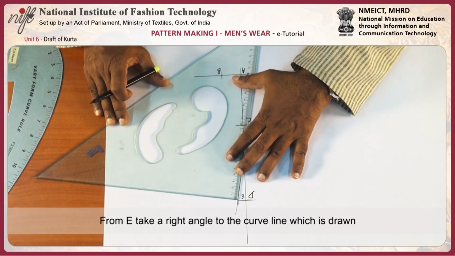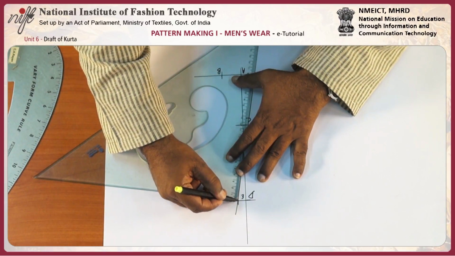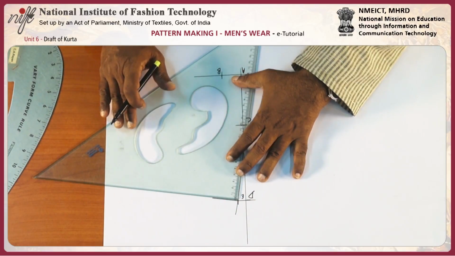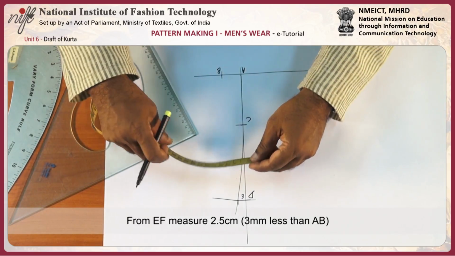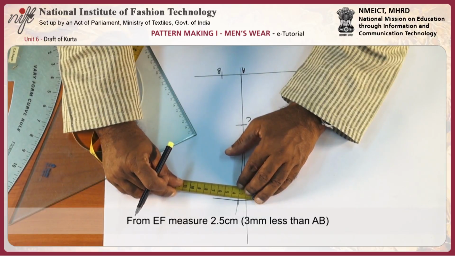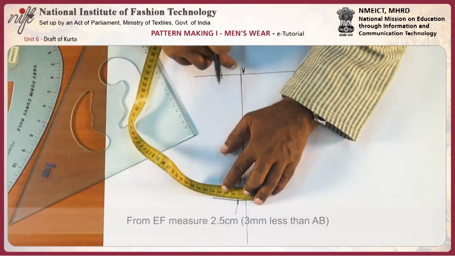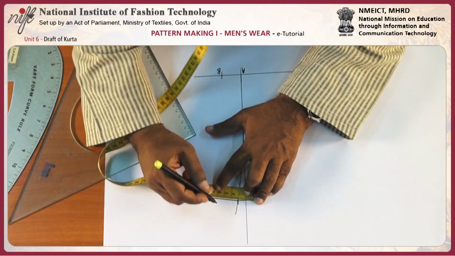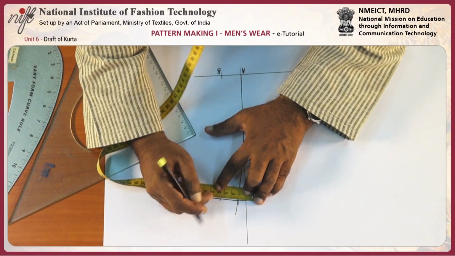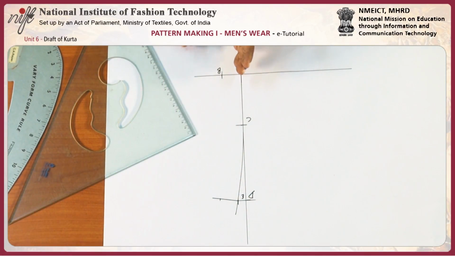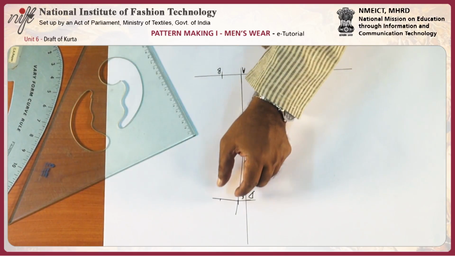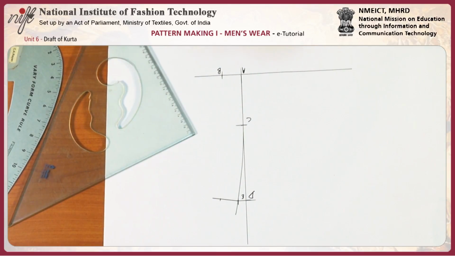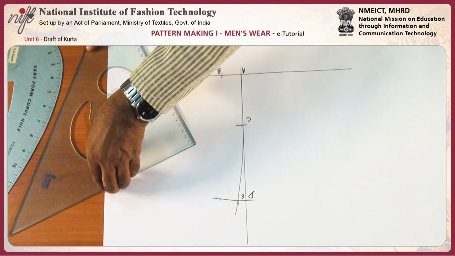Right angle is a perpendicular line from point E. From E to F, measure 2.5 centimeter, which is 3 millimeter less than center back band width, because it's advisable to keep it slightly narrower towards the front.